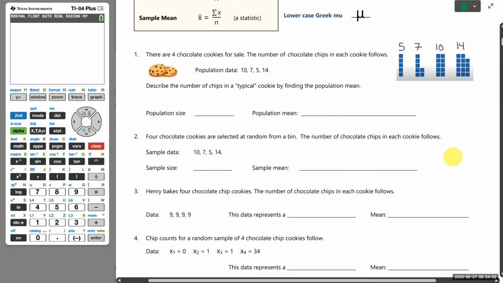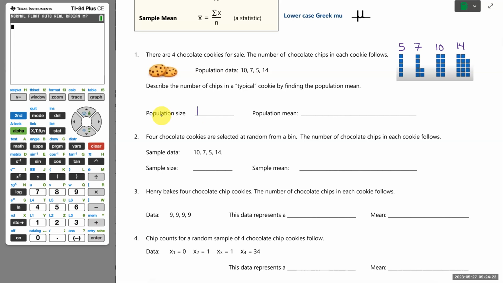Okay. So let's start with what we'd like to do. I'd like to describe the number of chips in a typical cookie by finding a population mean. So we're trying to use one value, the mean, to try to describe this data set the best we can. So our population size, capital N, is a total of 4 cookies. And I'm going to look for the population mean.